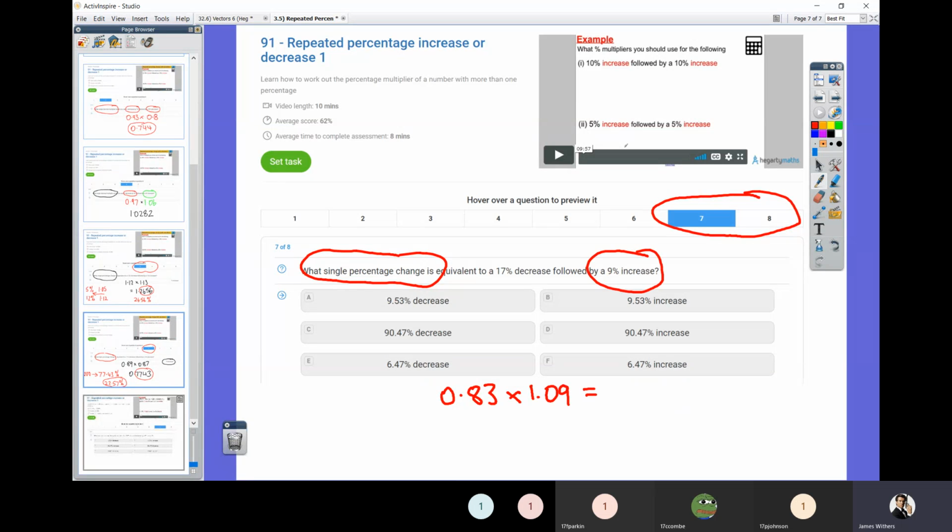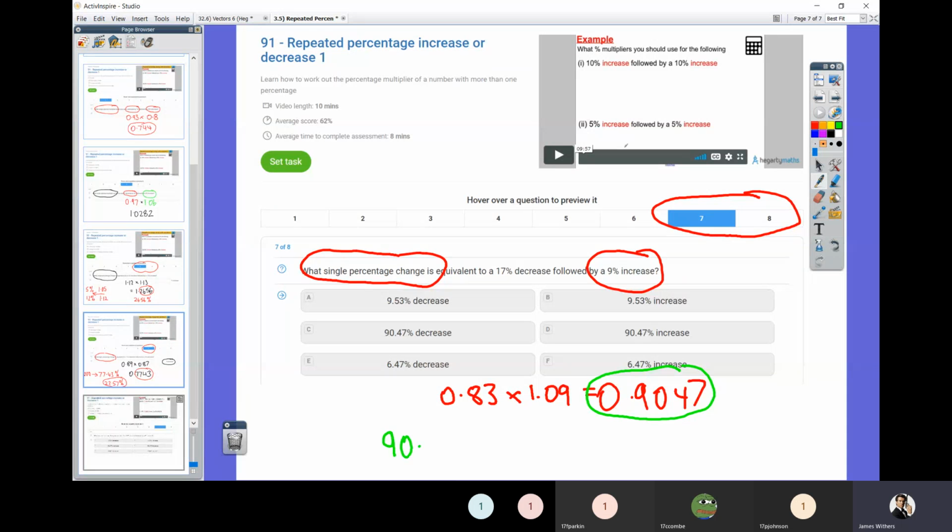Multiply those together. 0.83 times 1.09 is 0.9047.